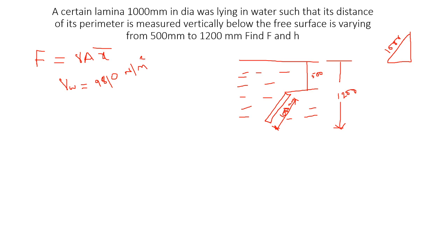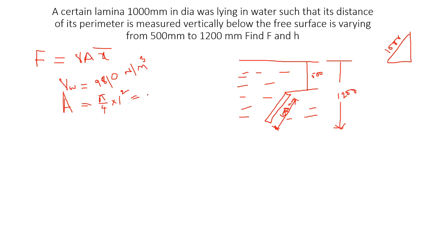The area is pi d square by 4. The diameter of the lamina is 1000 mm, that means 1 meter. Pi d square by 4, you will get the area.